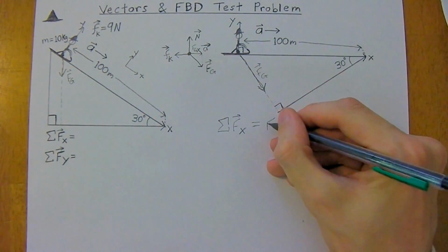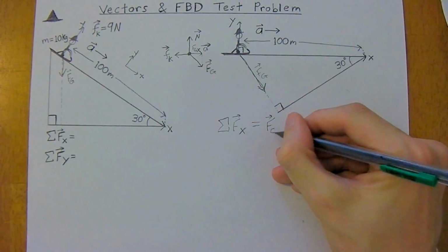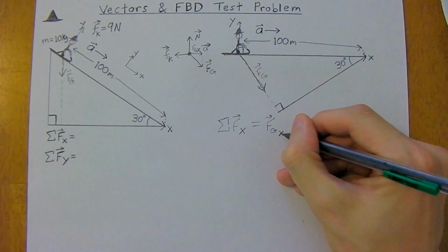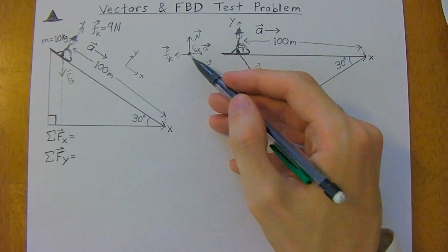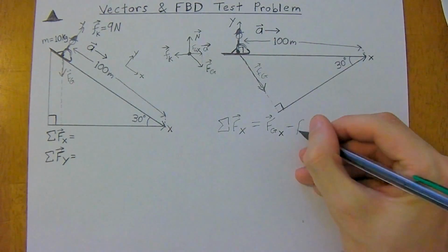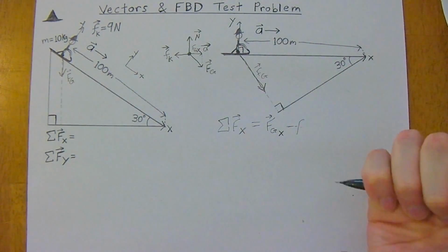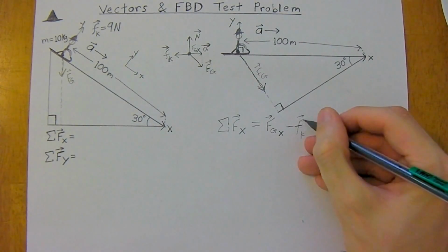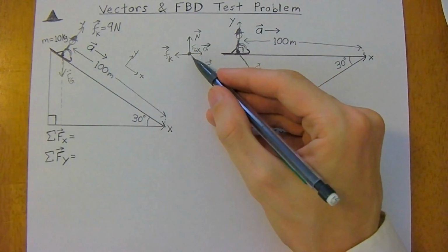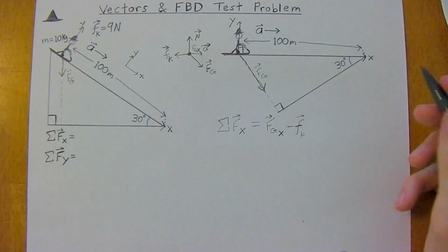So we'll represent that as force of gravity along the x direction. Positive, because it's going to the right, and negative, the force of kinetic friction, and it's negative because it's pointing left along the x-axis.